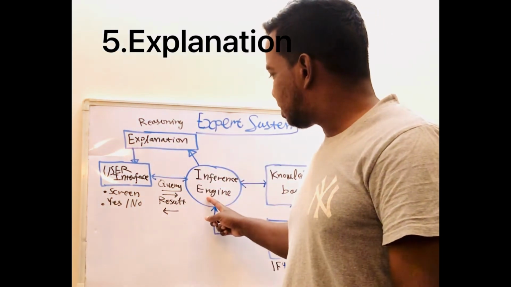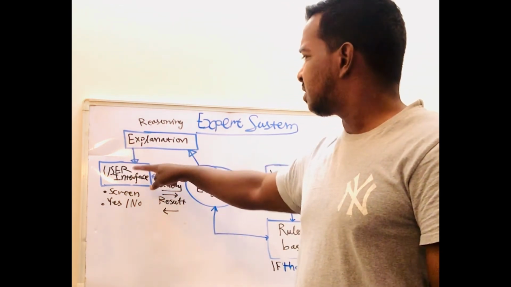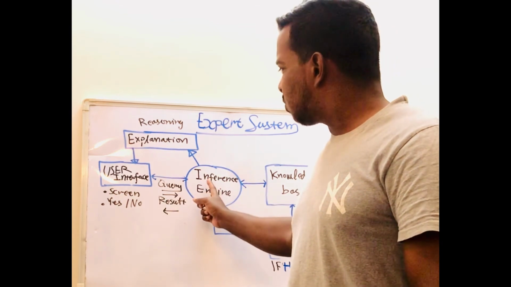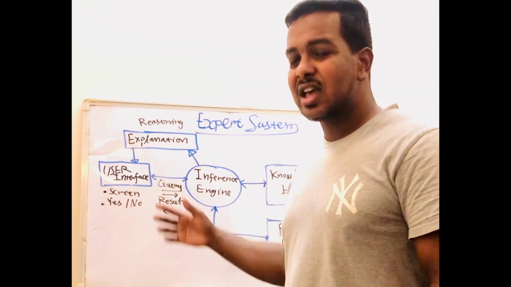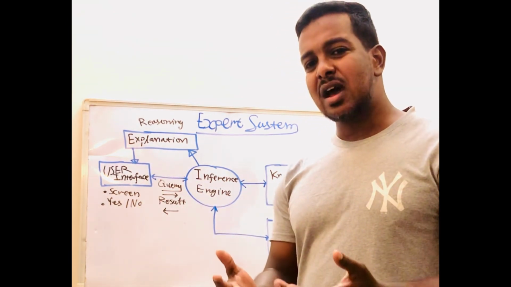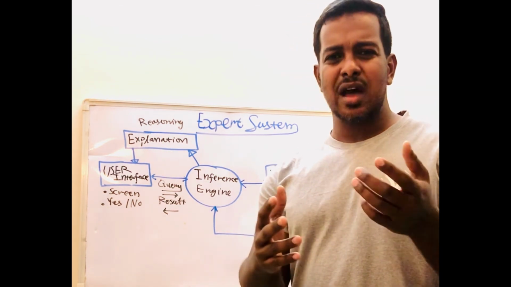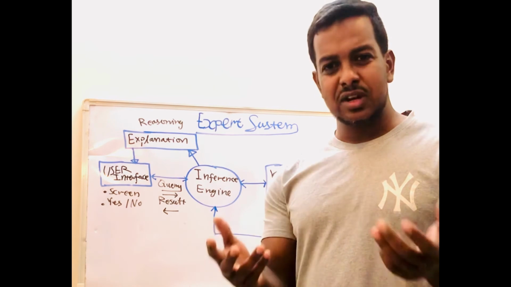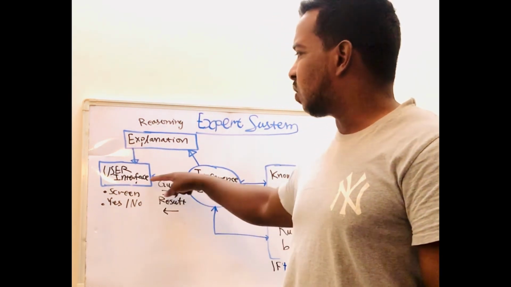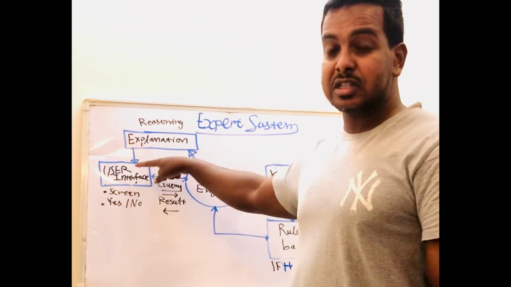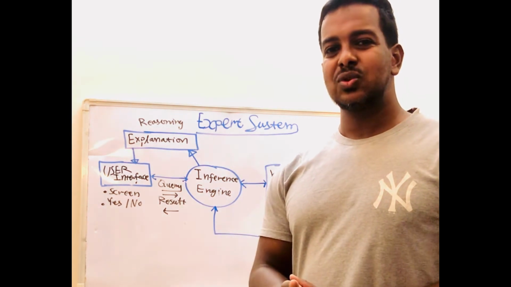So the inference engine will give an explanation to the user interface, or it can ask you more questions. You see these arrows: it can ask, okay, now I know you feel some headache, do you have dry eyes? Do you have a runny nose? When it asks the user interface, this will be the link. It will not go through the explanation. Usually the explanation is the final answer to what it might be.